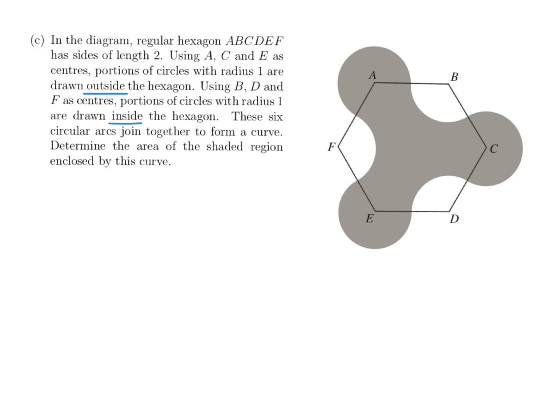Okay, so the shaded area, I'm going to break it up into 2 sections. The first section I'm just going to concentrate on is the one that's inside that hexagon. So I'll just call it inside. It looks to me like the area of the hexagon minus those 3 semicircles.